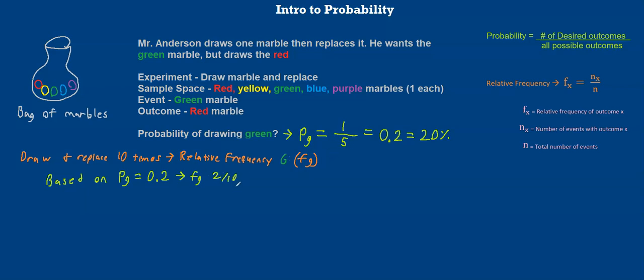But when you actually perform these experiments, these numbers can get a little messy. In the same way that if I flip a coin 2 times, you would expect one time to be heads and one time to be tails, but it's possible to get 2 heads in a row.